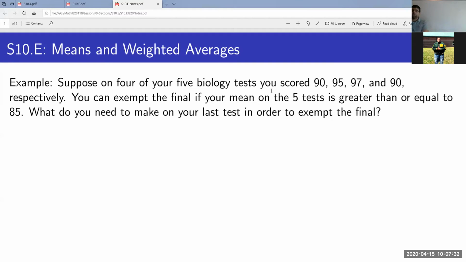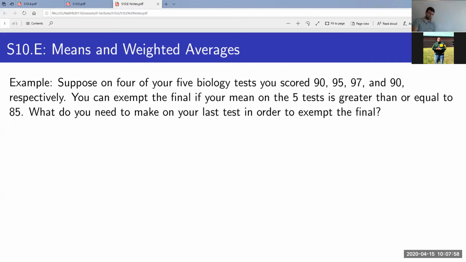What do you need to make on your last test in order to exempt the final? So how would we start to solve this? Anybody got any ideas or suggestions?